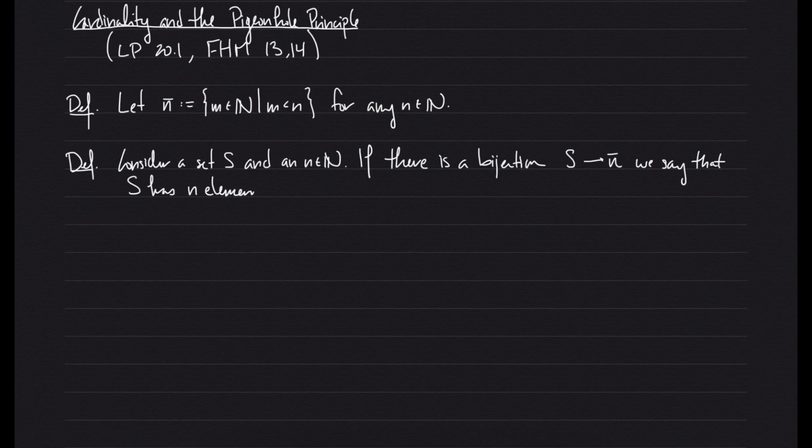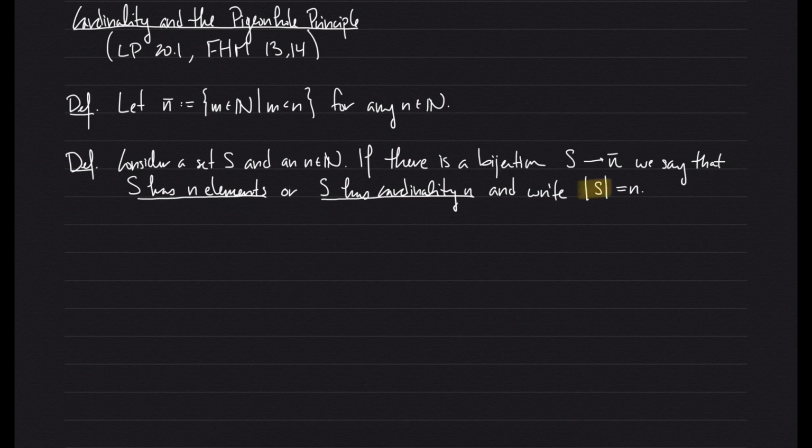So we say that S has n elements, or we can use some jargon and say that S has cardinality n. And we can write bar S bar equals n. This thing here, bar S bar, we would read as the cardinality of S. So this equation says that the cardinality of S is n.